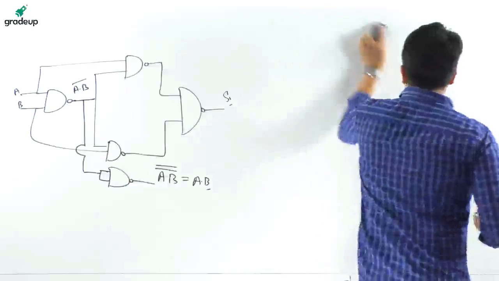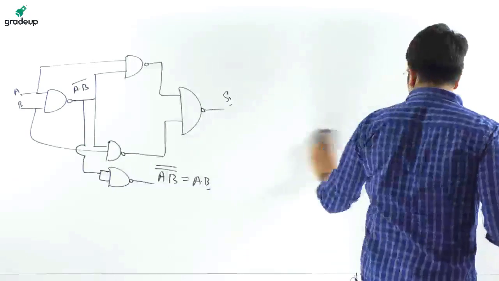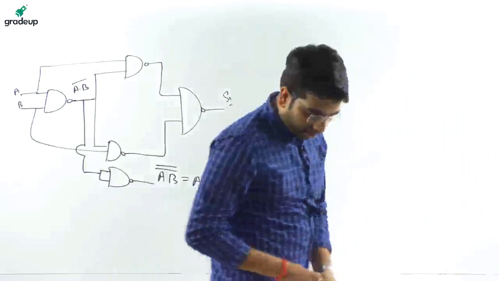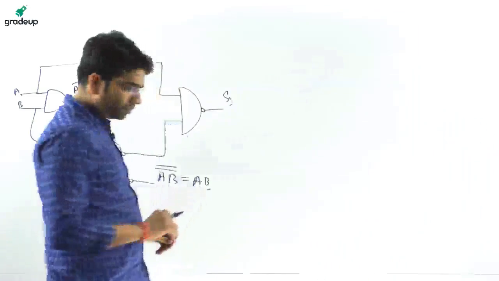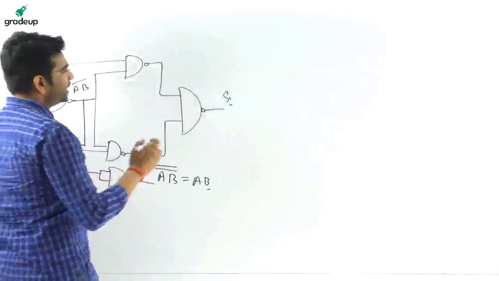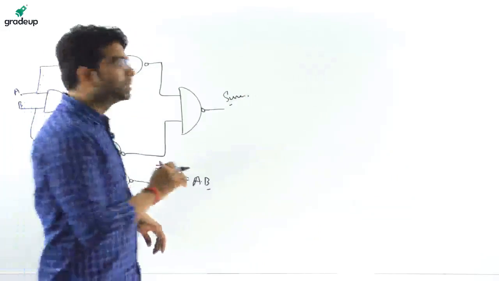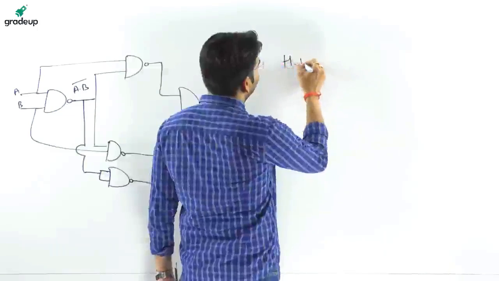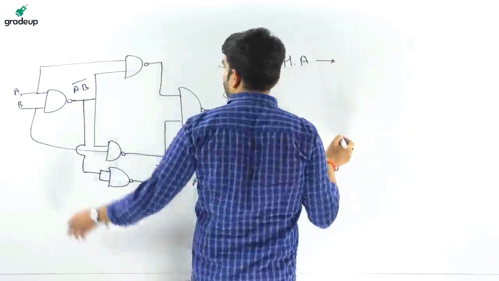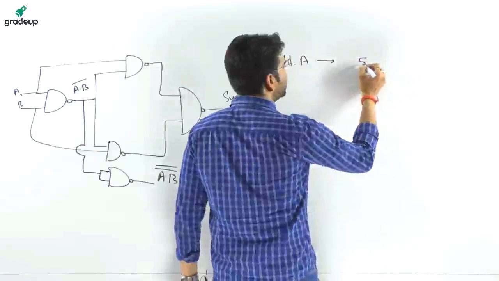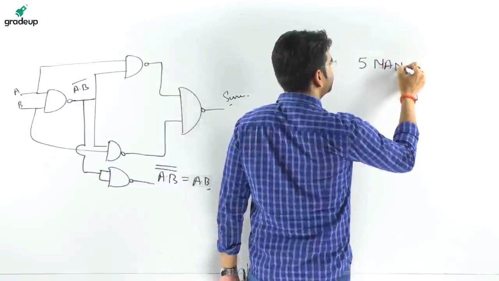And how many NOR gates are required? For NOR gates also you are going to get it like that only. The takeaway point from this place is, for a half adder, the total number of NAND gates required is 5.